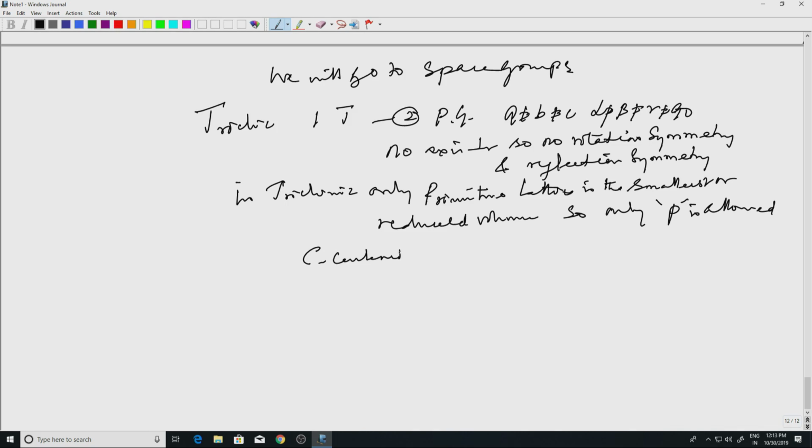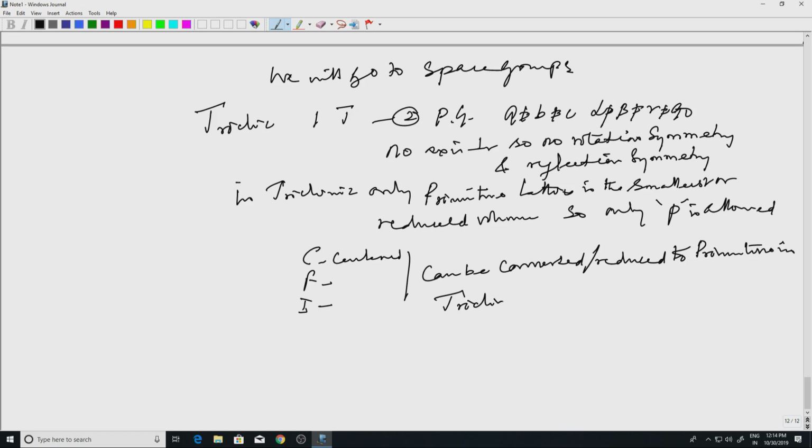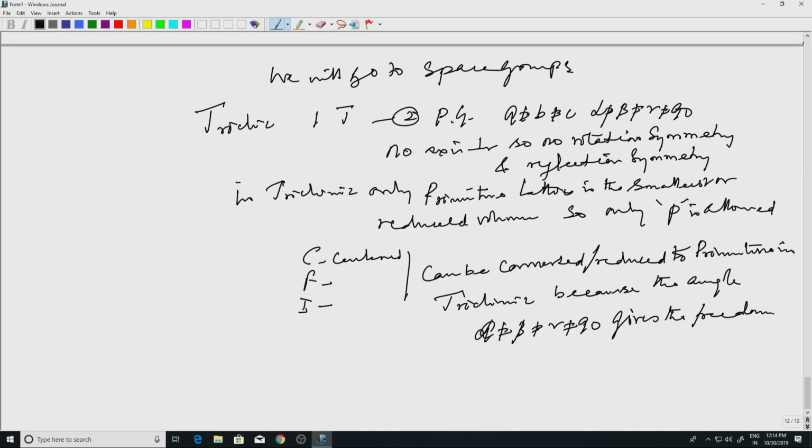C-centered, F-centered, I-centered can be converted or reduced to primitive in triclinic because the angles alpha, beta, gamma not equal to 90 gives the freedom, and A not equal to B not equal to C also allows.